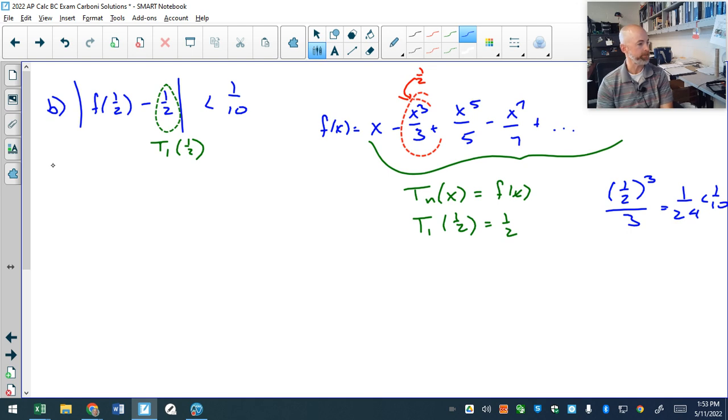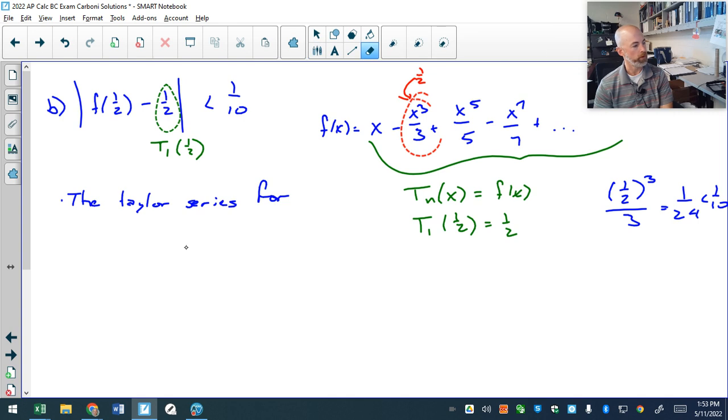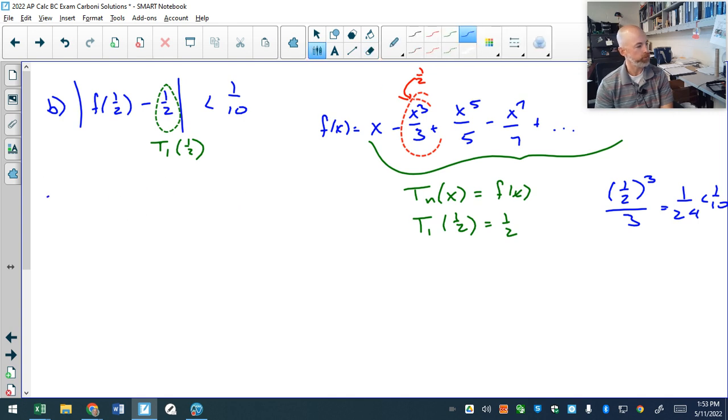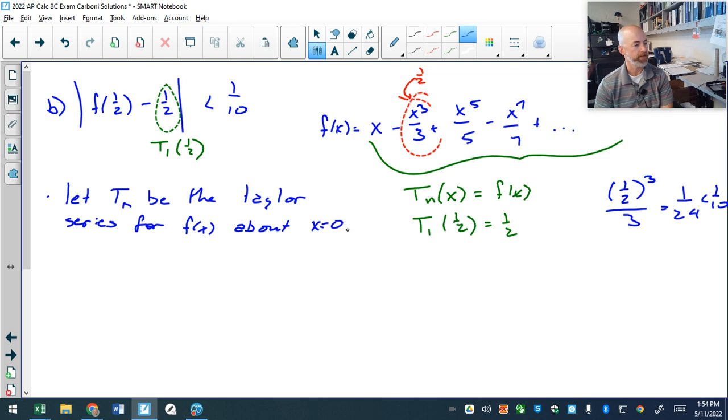So what I'm going to do is start by declaring, I'm going to say let T sub n be the Taylor series for f of x about x equals 0. So I could have just said the Maclaurin series about x equals 0.